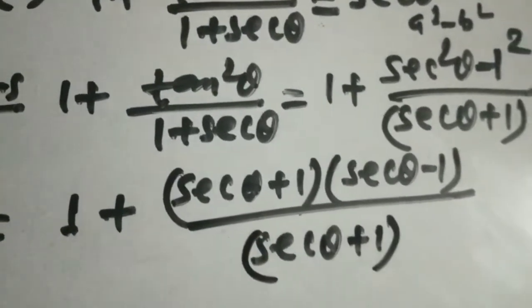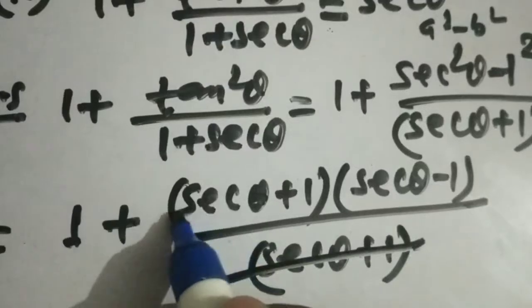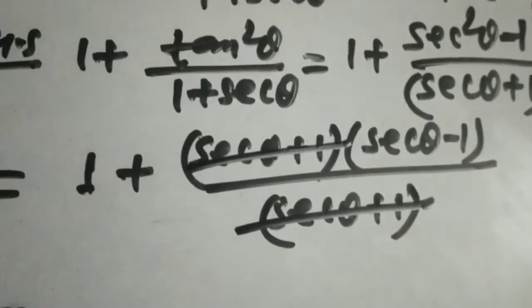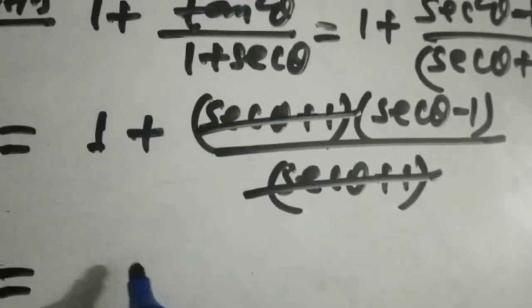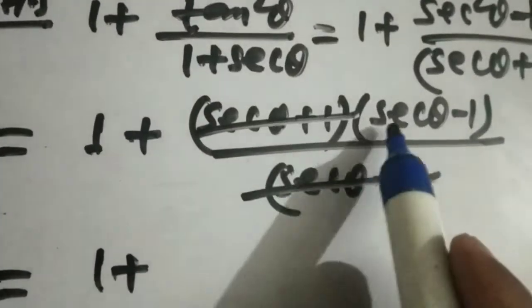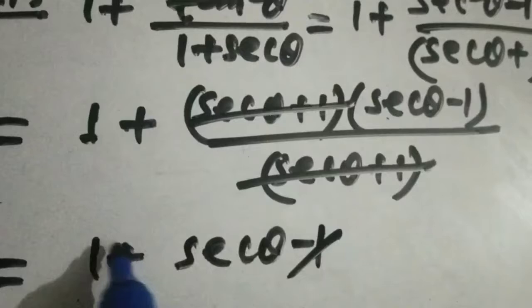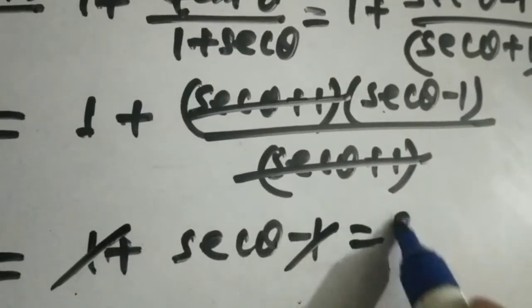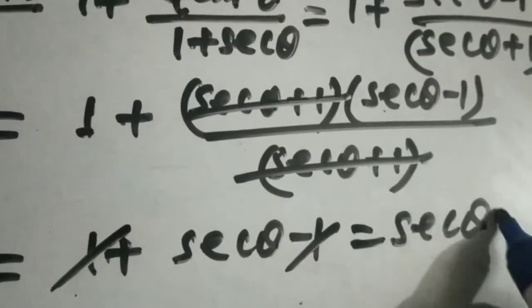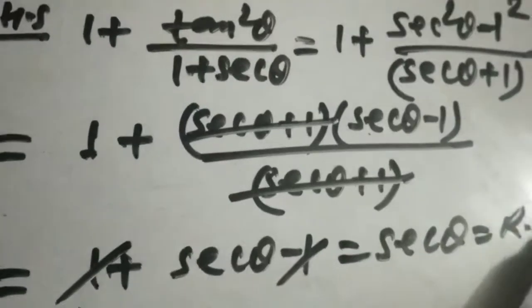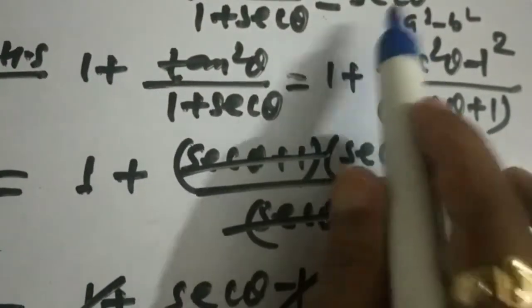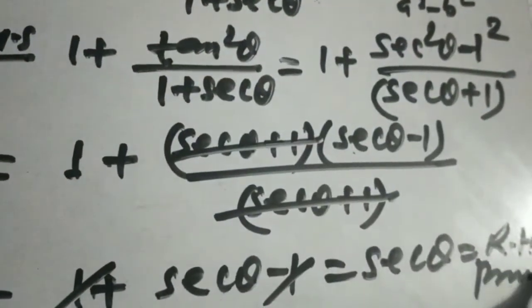Now sec theta plus 1 and sec theta plus 1 will be cancelled. Then here we get 1 plus sec theta and minus 1. The minus 1 and plus 1 will be cancelled. Then it will be equal to sec theta, which is equal to RHS. Proved. Okay.